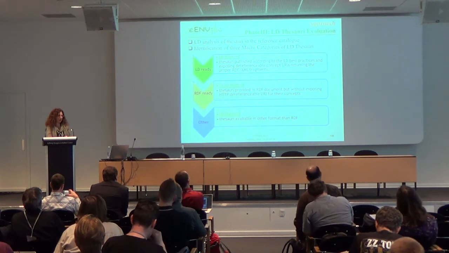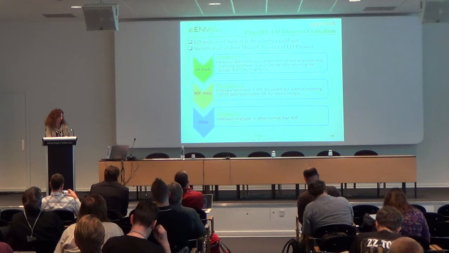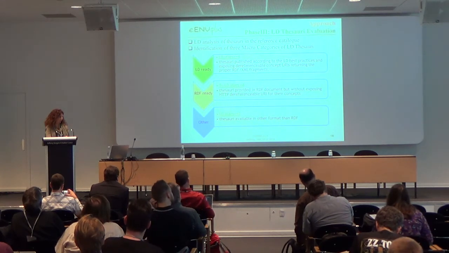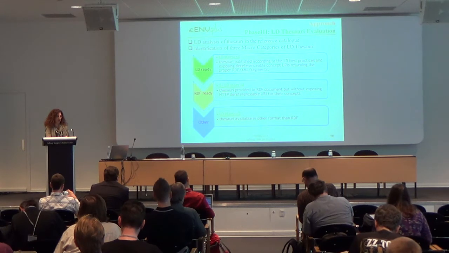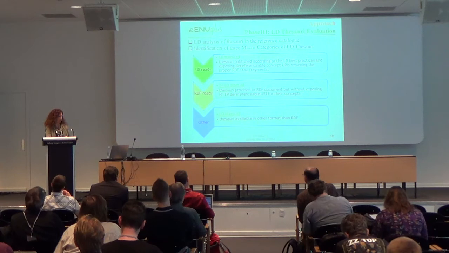That means that they satisfy the 5-star level, and these are Thesauri that are linked data, but that must have the differentiability for the URI. And we have RDF ready Thesauri whose range is between 3 and 4. That means that it is RDF ready, but we have no URIs that are differentiable. And we have other kinds of Thesauri.